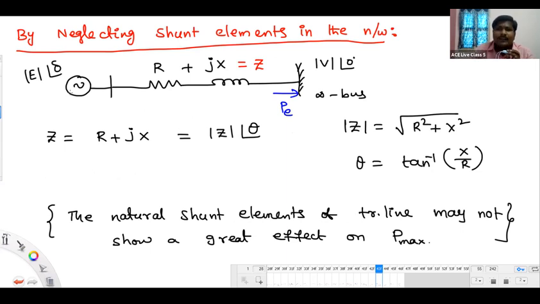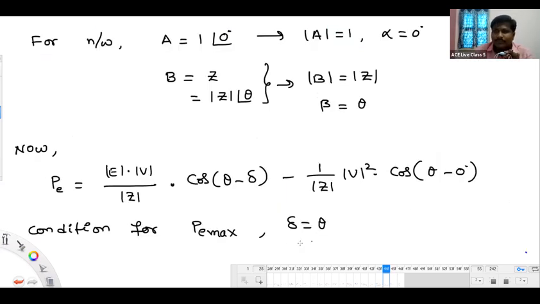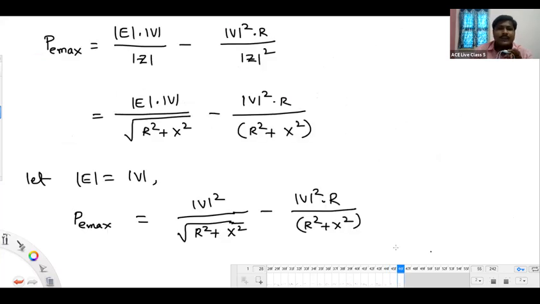Based on delta, to get the maximum power transfer, the condition is delta equals theta. By keeping delta equals theta, we got this equation. Then we assumed that both end source voltages are equal, and we got the PE maximum like this.